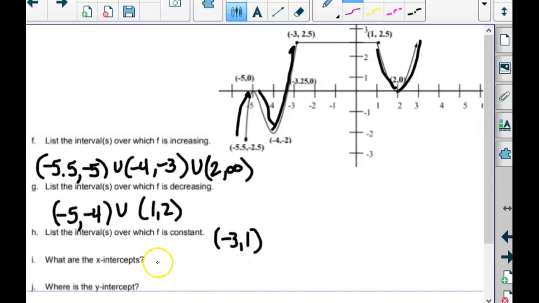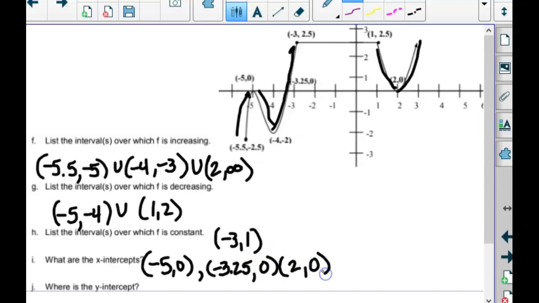All right. X-intercepts, anybody? We can just list them. -5, you could write it as an ordered pair, I don't care. Yep, -3.25 and 2, 0.